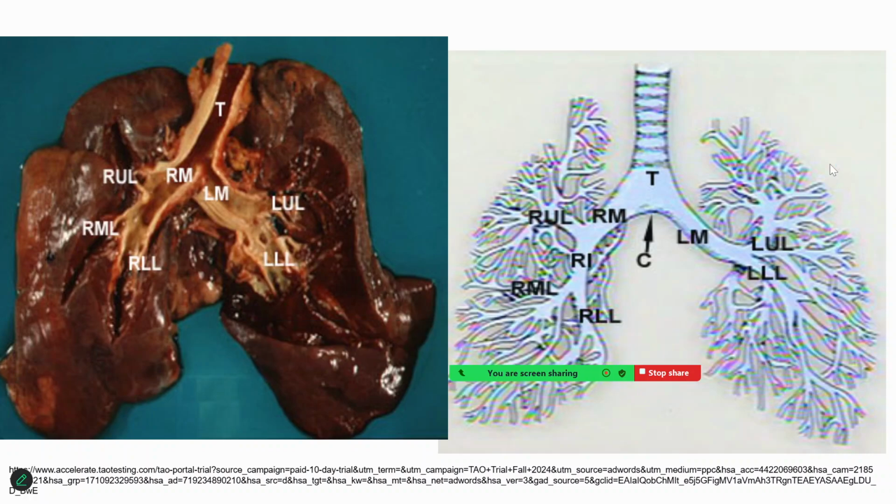To understand the basics of the radiological image, there should be a fair knowledge of the gross anatomy. After all, it's the gross anatomy which is read as the shadow, and hence from the radiology imaging point of view, it's absolutely necessary that we have a fair knowledge of the gross anatomy.